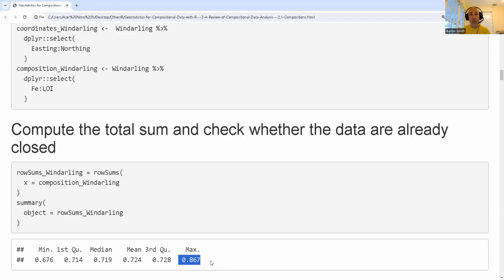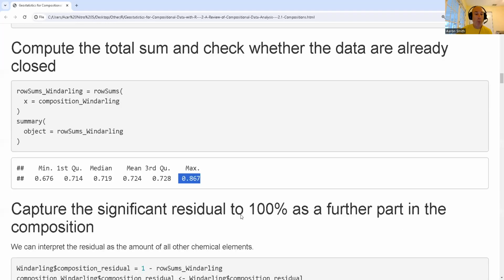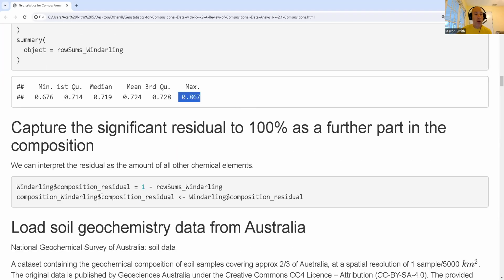For this data set, there are other elements, other chemicals present in the soil that we're not interested in, and those just weren't measured. So we're going to create an other category to fill the gap between the row sum and the value of 1. I call this composition residual, because I like to have very explicit names when I do things. This is the difference between the original row sum and 1.